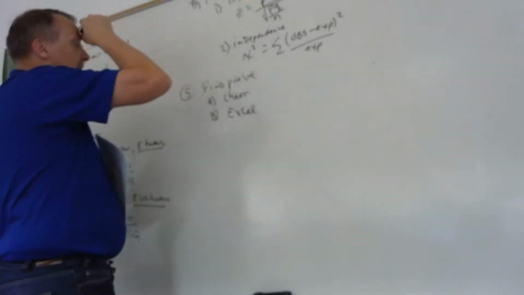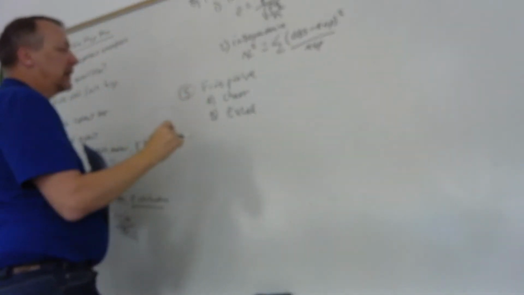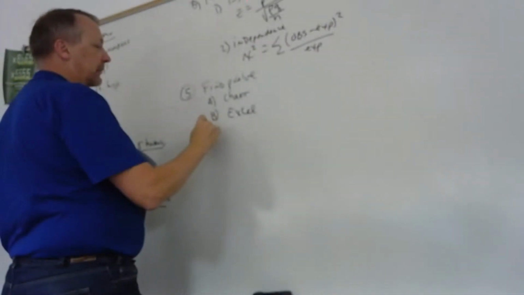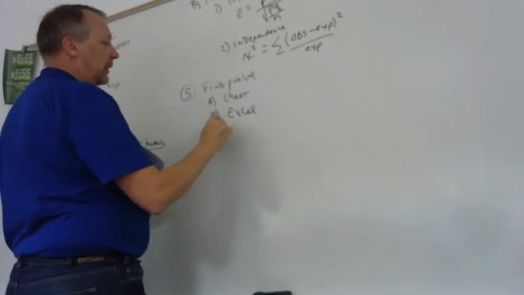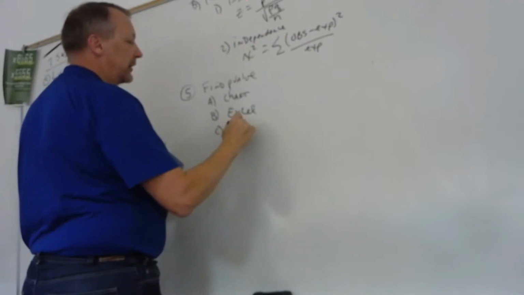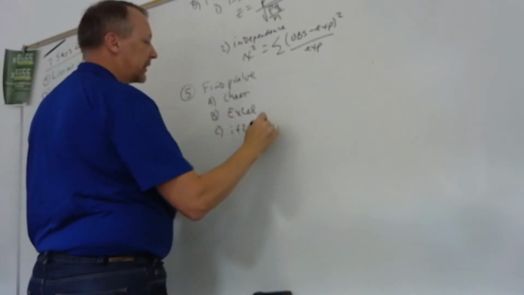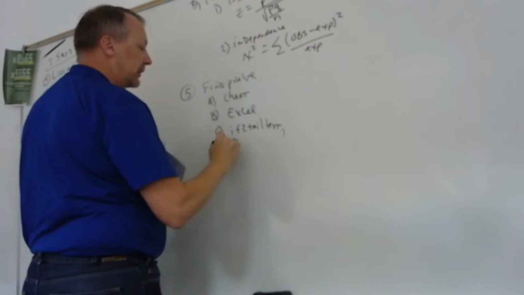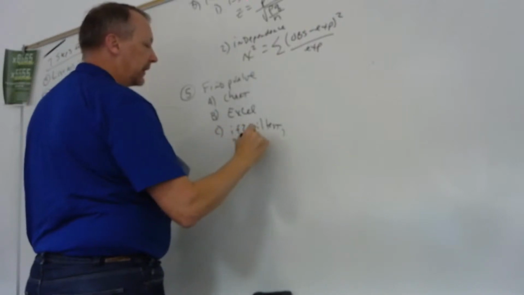Okay. Now, the one thing that I want to say here is maybe I'll add a third thing. If it's a two-tailed test, you need to double the p-value.